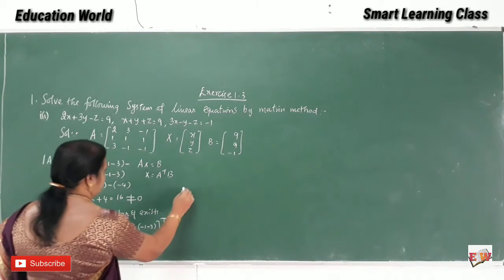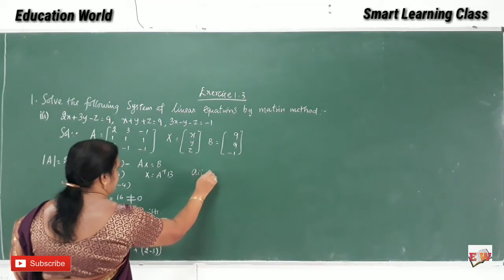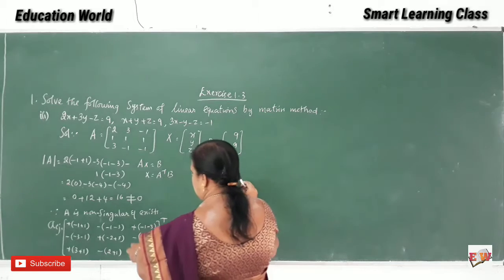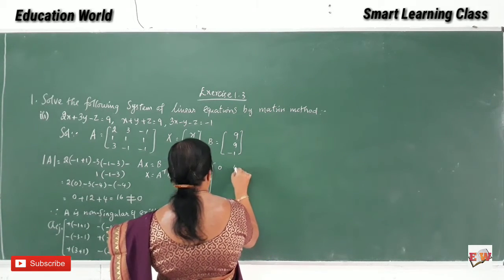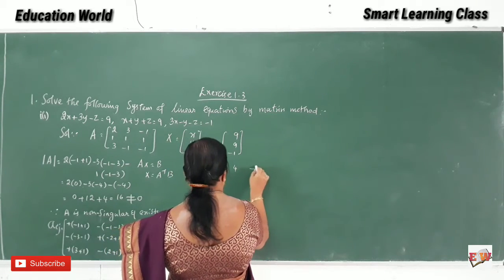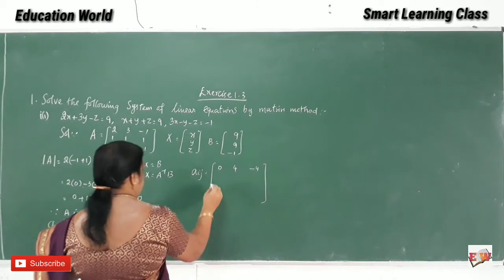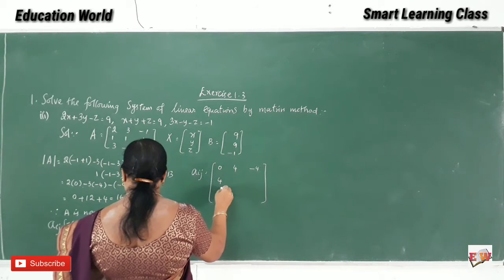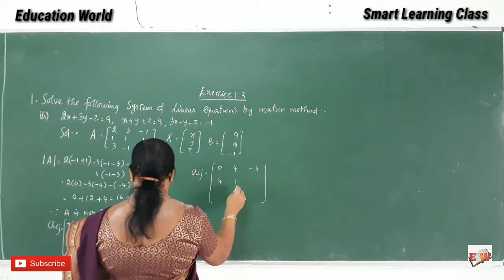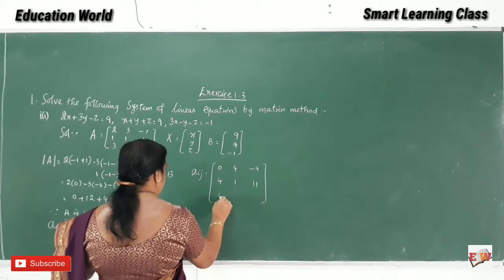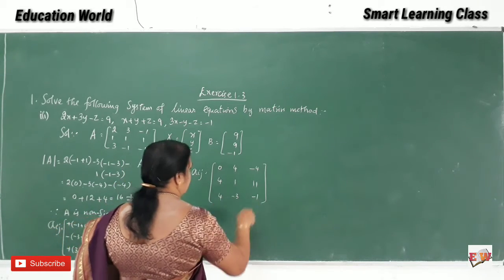What is this value? Aij is equal to 0, minus 4 into minus plus 4, minus 4, minus 4 into minus plus 4, 1, minus 11 into minus plus 11, 4, minus 3, minus 1.